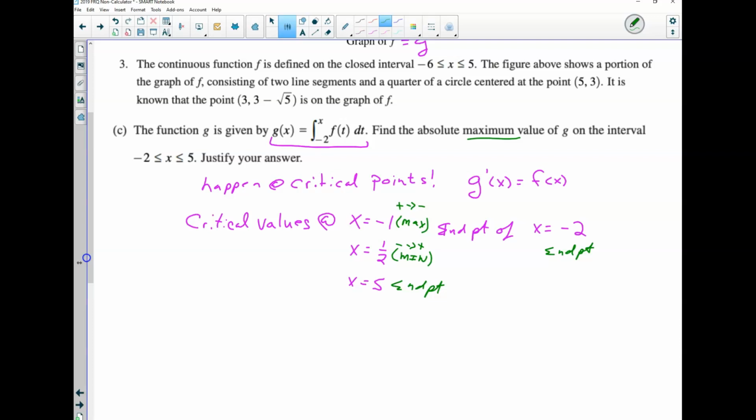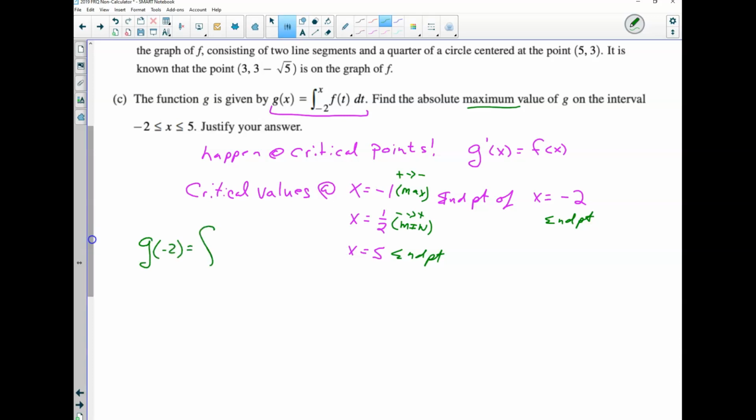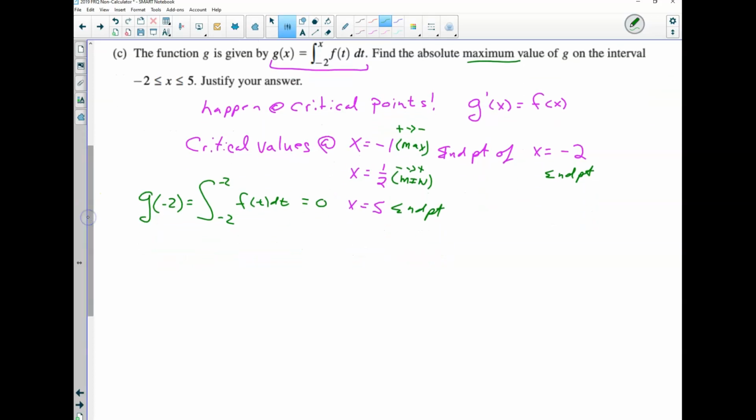So what I want to do is find out what g of negative 2 is going to equal. And g of negative 2 is going to equal the integral from negative 2 to negative 2 of f of t dt, which is 0. And I also want to know what g of 1/2 is.